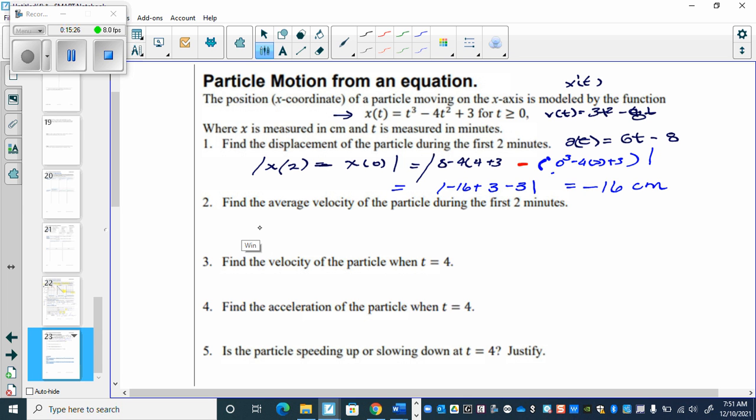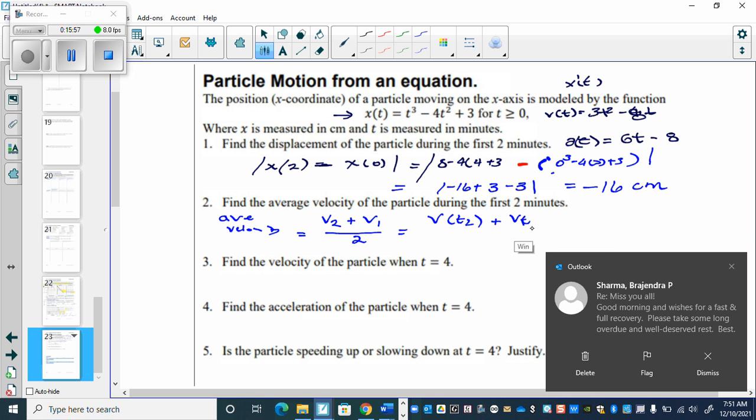Now find the average velocity of the particle during the first 2 minutes. Average velocity, and I probably need to look at what I'm doing sometimes. So v sub t sub 2 plus v sub t sub 1 over 2.